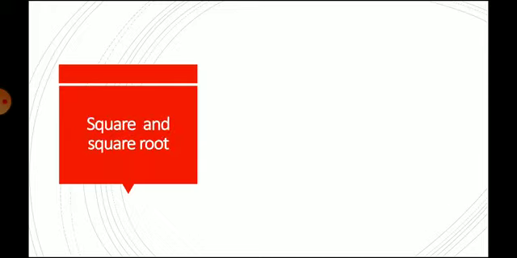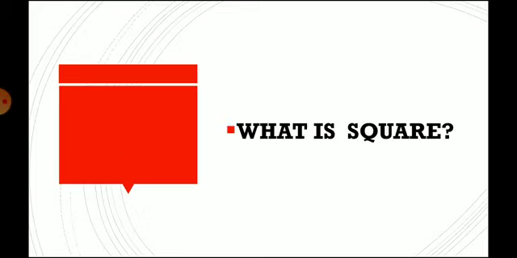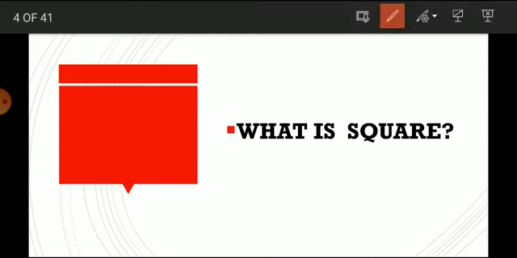In this chapter we discuss square and square root. Can you guess what is a square? Have you heard this word? I hope you have heard it and you learn more things about the square. So what is a square? We know this shape is called a square.